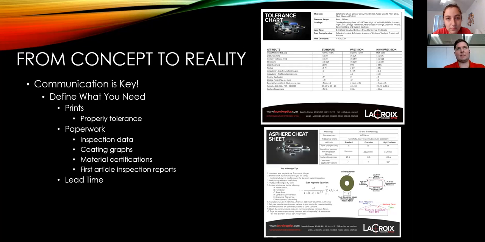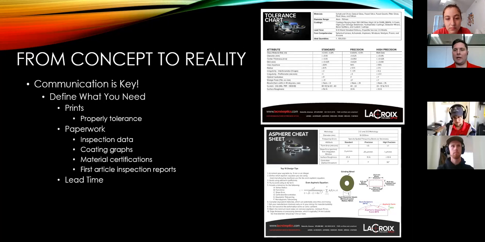One of the biggest issues that I find in my job specifically is that I work with optical engineers, people like yourselves once you graduate school, and I help you figure out: can we make it? How do we make it? How much should it cost? And one of the biggest issues I run into, though, I wouldn't say most of the time, but a lot of times, is that people underspecify the tolerances.